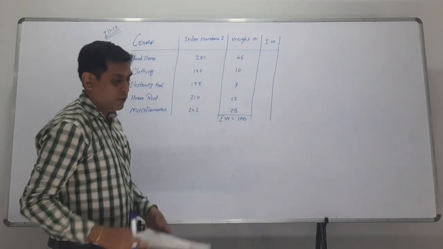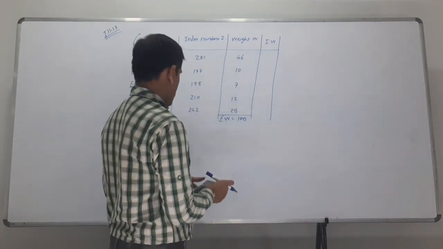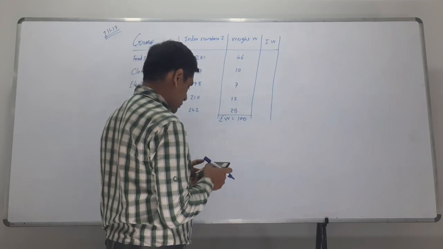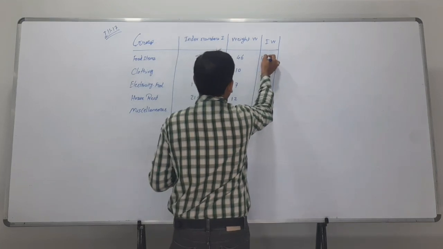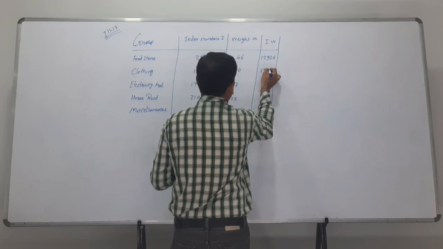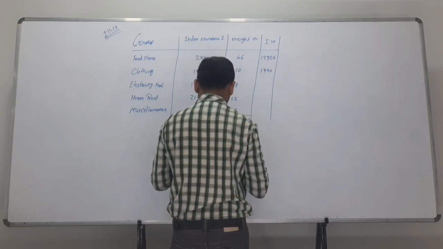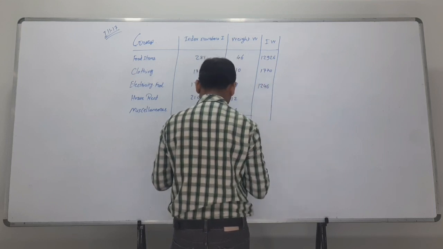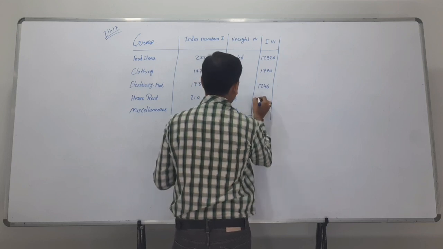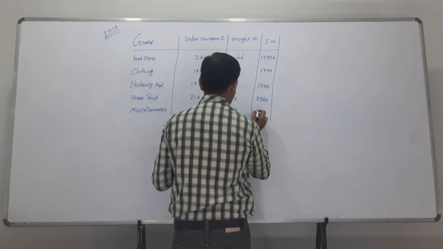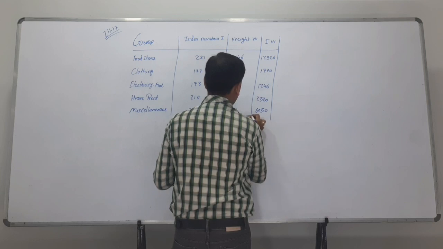Now multiplication of these two, 281 into 46, 12926, 1770, 1246, 2520, that is 6050.